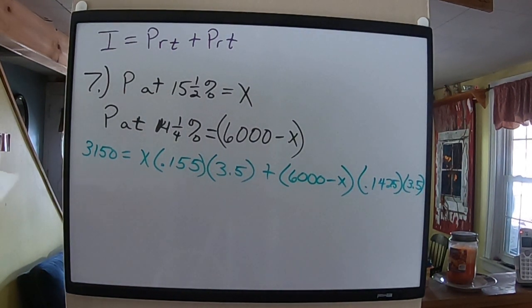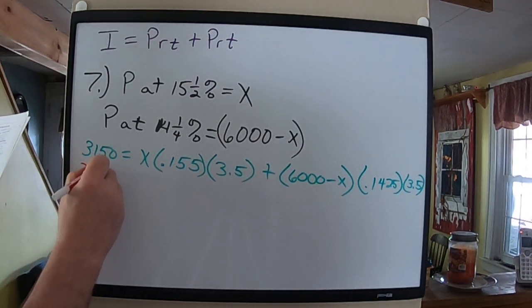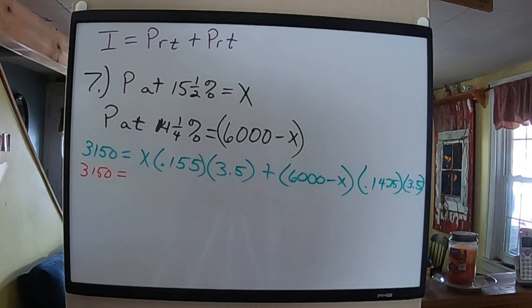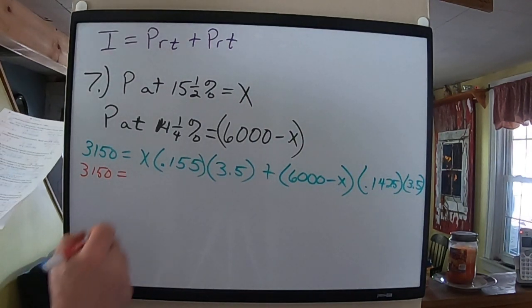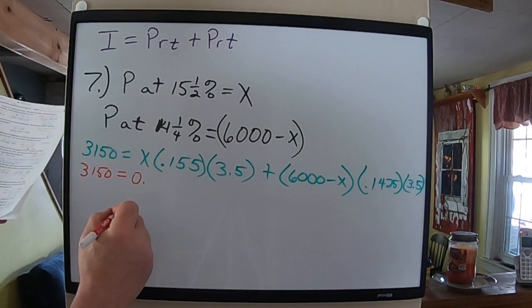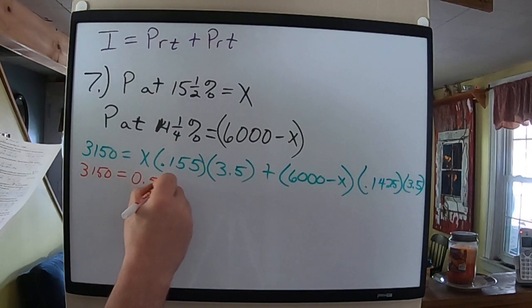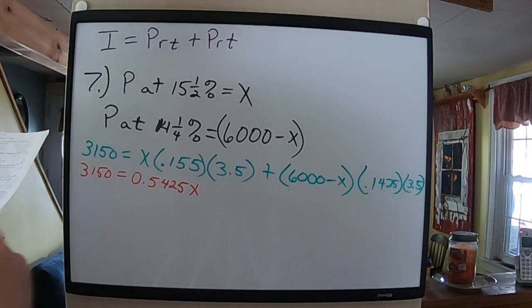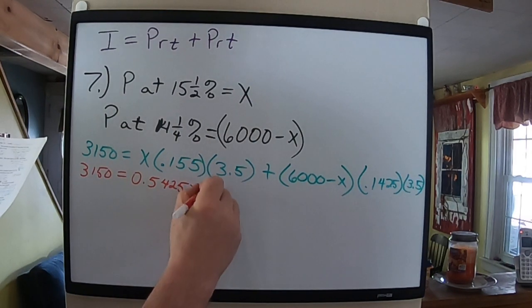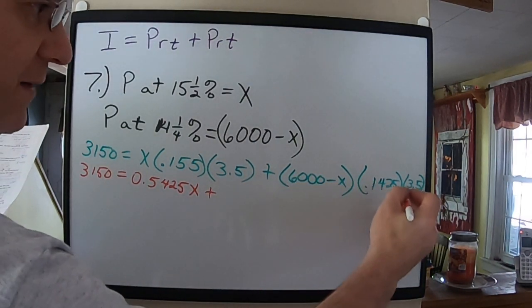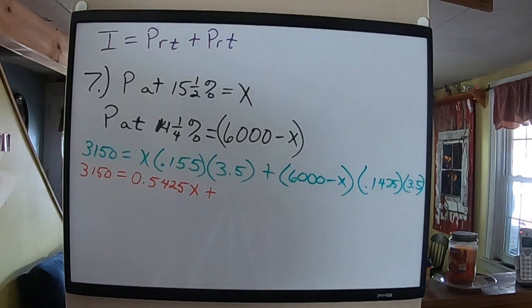So, I'm going to start by doing some multiplication. Now, when I multiply 0.155 times 3.5, I get 0.5425x. That's that. Plus, I'm going to multiply these together and then distribute it in. When I multiply those two together, I get 0.49875, and I multiply that times 6,000.